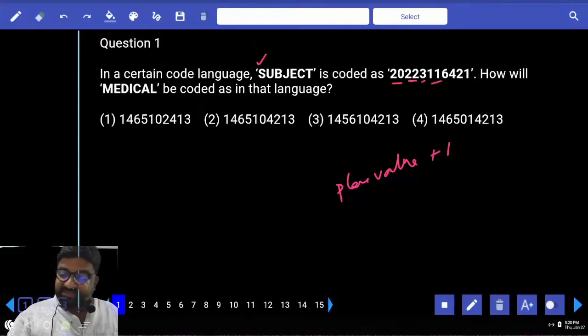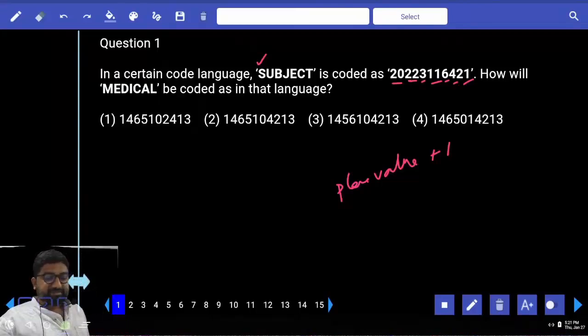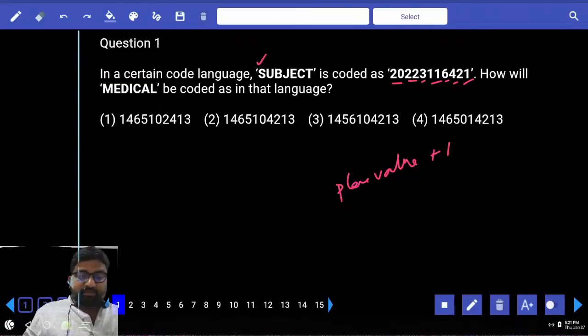E 5, 6. C 3, 4. T 20, 21. So each letter is coded as place value plus 1. So similarly medical, what is my M? 14, 6, 5, 10, 4, 6, 14, 6, 5, 10, 4, 2, 13. Which option?